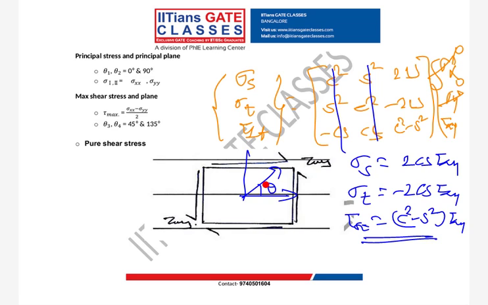If you rotate it clockwise or anti-clockwise, you will see there is a normal stress. What is that? It is given by 2CS tau xy and the other is given by minus 2CS tau xy. Is this point clear?